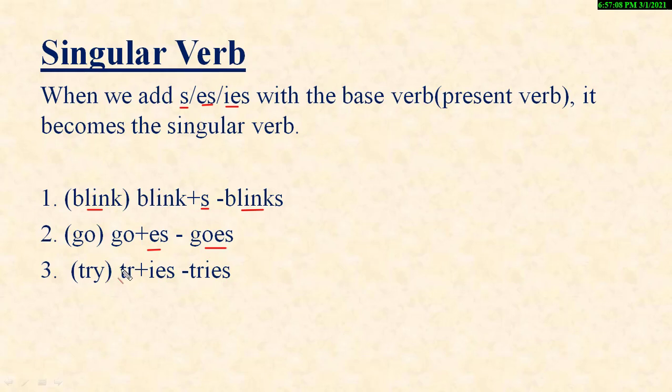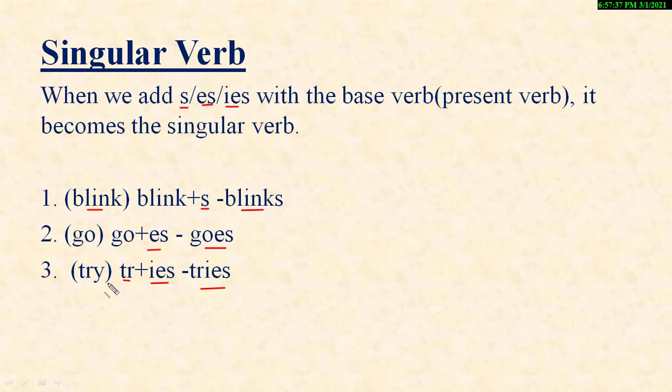The next verb here is try. We take tr, we remove y and we add ies, it becomes tries. And tries is the singular verb. But you can see here that with the verb blink we have added s, with the verb go we have added es, and with the verb try we have removed y and we have added ies.